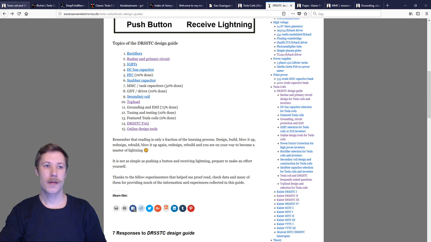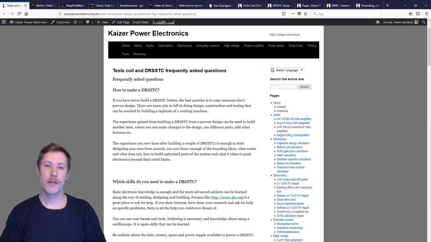But let's first jump to the FAQ that I wrote for this, because building a Tesla coil comes down to three things really. First, how much money do you have? That's the highest governing criterion. Second, which comes along with the third, is thermal management: how high a temperature rise would you allow in your design?